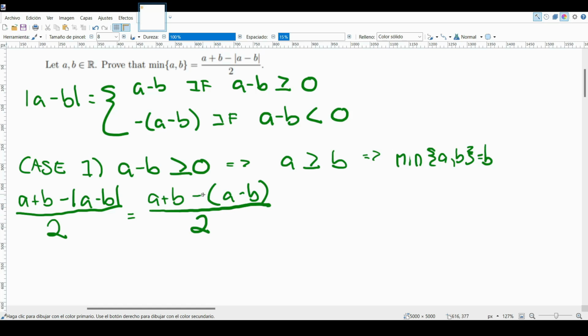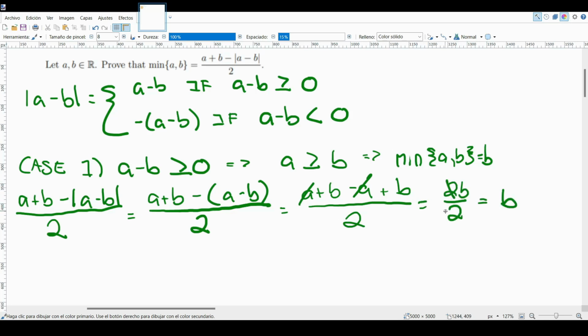Now we can distribute this minus across inside the brackets here, and we'll have a plus b minus a, and then negative times negative is positive, so we'll have plus b, over 2. And then we see here, a minus a is going to cancel out, and we have 2b over 2, which is just equal to b, because we're dividing these 2's.